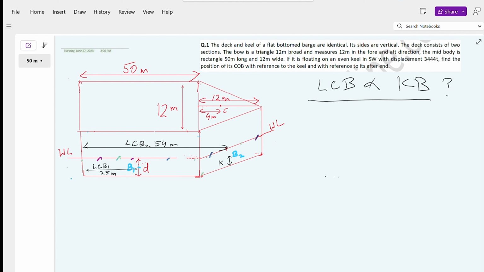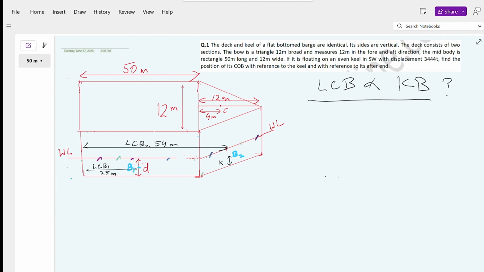This is what the question is about. So it is an interesting question. I just saw it somewhere in Stability part 1 of Captain Subramanian's book, in exercise 9 or 8 or somewhere.